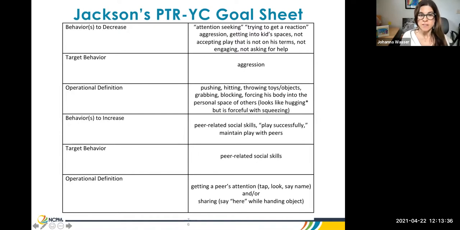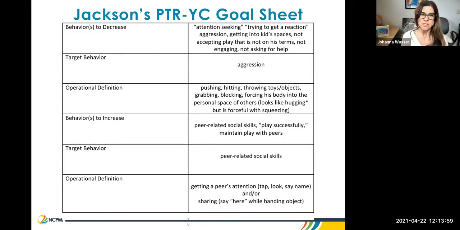And so they defined it as pushing, hitting, throwing objects, grabbing, blocking, forcing body into personal space of others, making that hug look, but a little too forceful. We saw at one time that his mouth was open too, so possibly initiating biting.